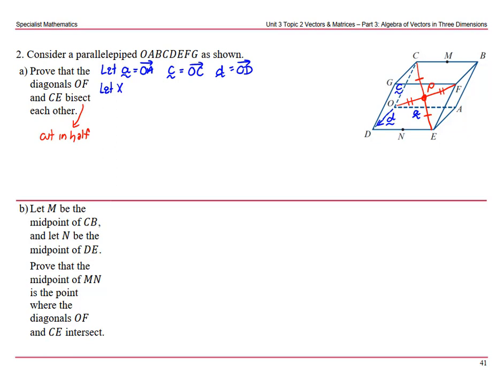Now let X be the midpoint of OF and Y be the midpoint of CE.